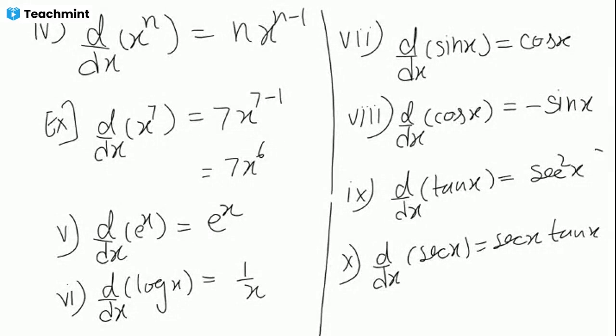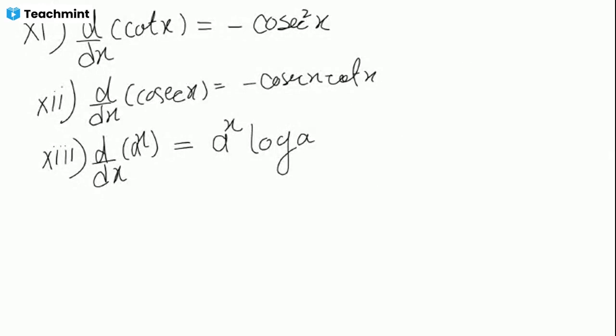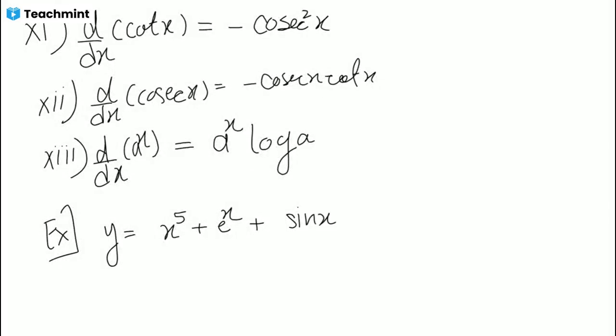So these are the basic formulas of differentiation. Let us do a few examples to understand all these formulas well. For example, we have y is equal to x to the power 5 plus e to the power x plus sin x, and we need to find dy over dx, meaning the derivative of y with respect to x.